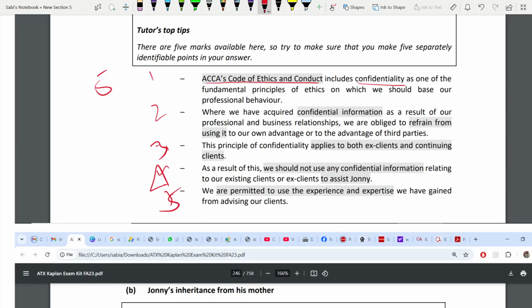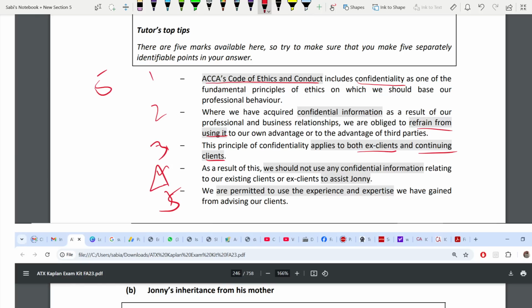This you have to write, number 1. Number 2, you have to say that you refrain from using it. Whatever information you got, you refrain from using it to your own advantage. Number 2. Number 3. This confidentiality, remember, applies to both ex-clients and continuing clients also. 4.